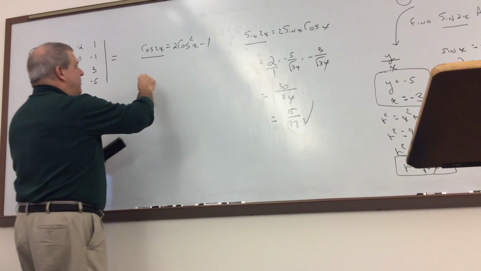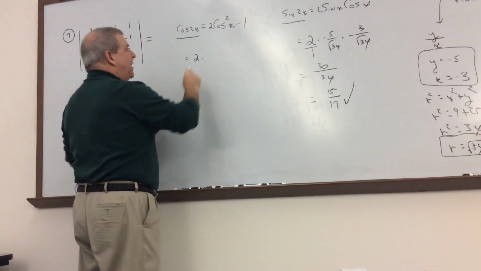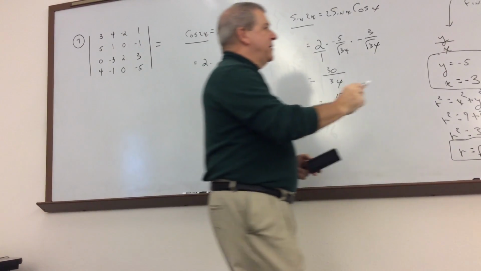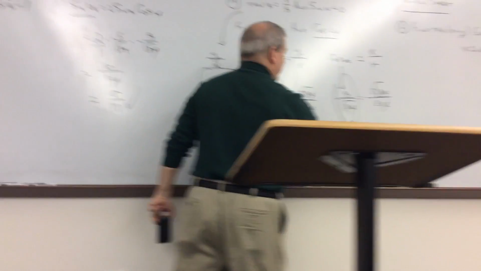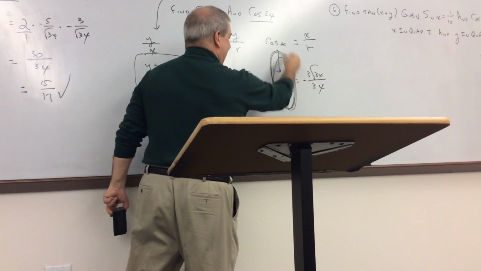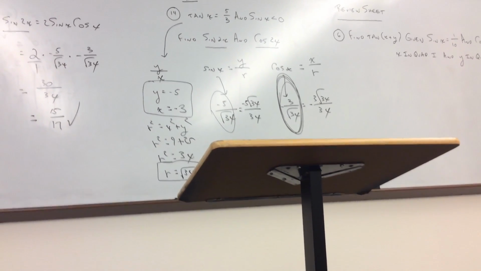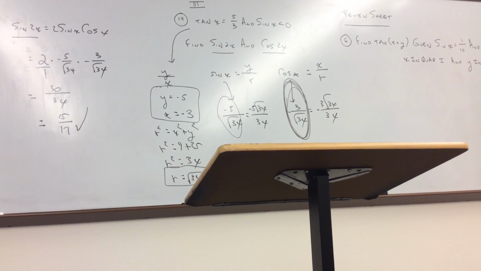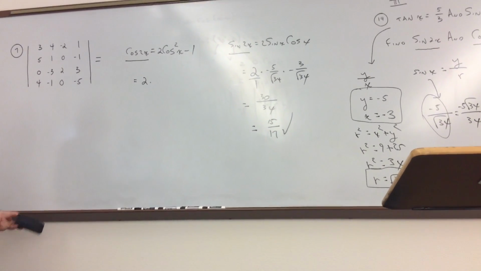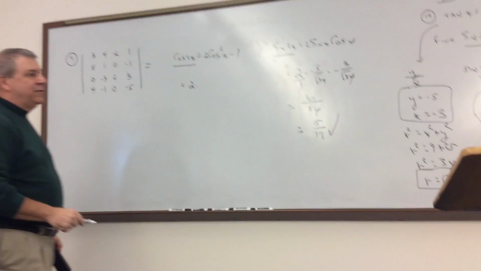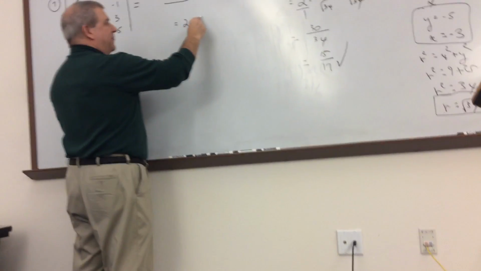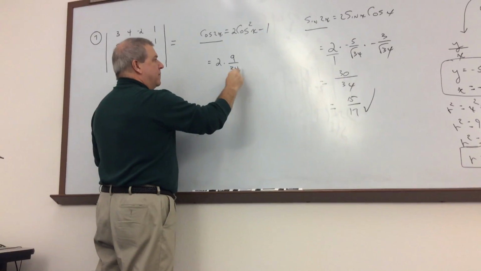And then here, 2 times cosine squared. Here, somebody square that. Square that, cosine squared. Plug it in right there. Square it. 9 over 34. Minus 1.